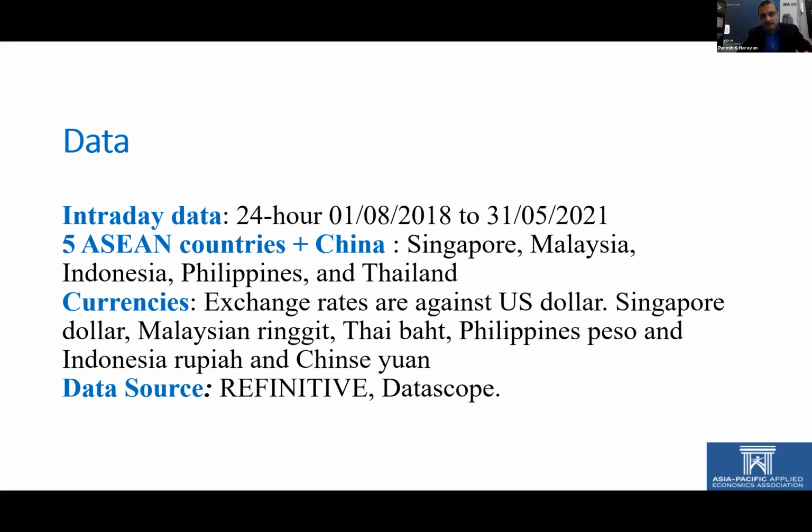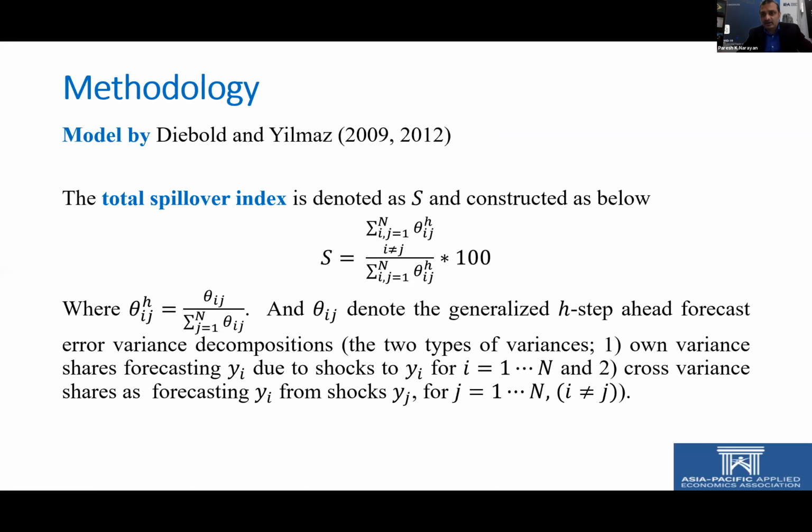That's what we call own variance shares in forecasting the exchange rate. The other is, if you have other exchange rates that matter to you, we are able to extract the relative importance of those shocks as well, known as the cross-variance shares. So how other shocks affect one's own exchange rate. It's own impact versus others' impact.